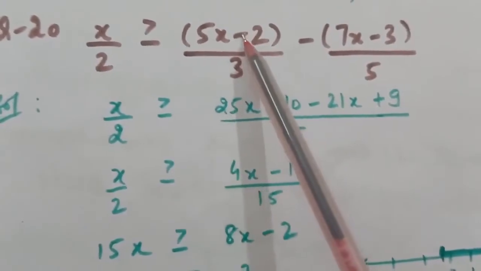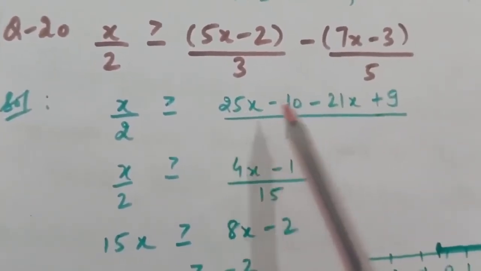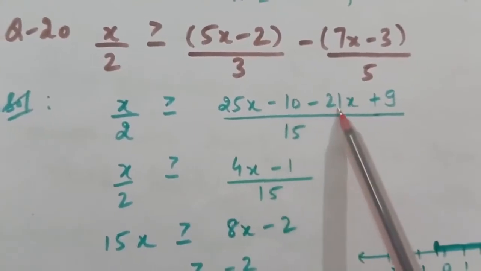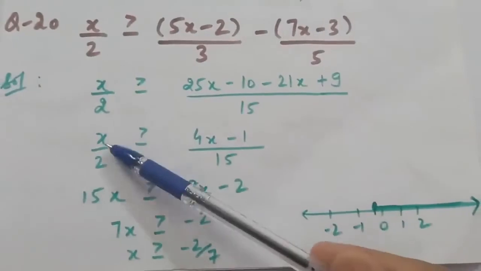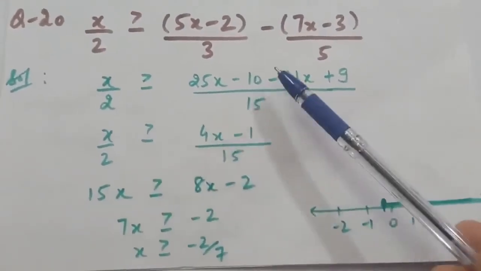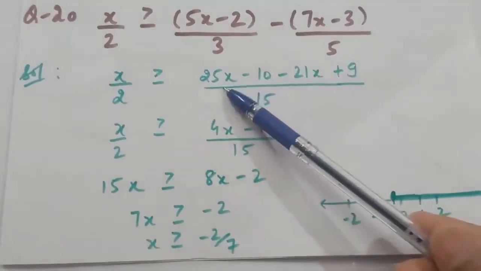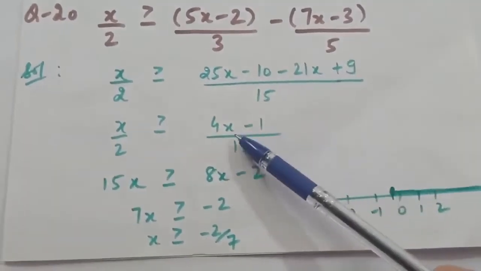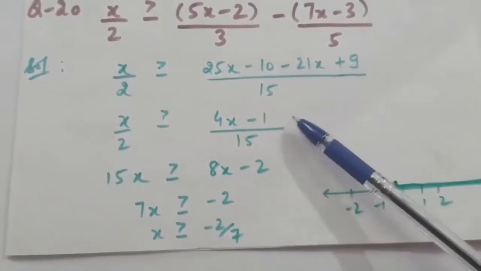So multiplying 5 with this term and 3 with this term, you will get 25x minus 10 minus 21x plus 9. Now x upon 2 is greater than or equal to this, which becomes (4x minus 1) upon 15, as 25x minus 21x is 4x and minus 10 plus 9 is minus 1.